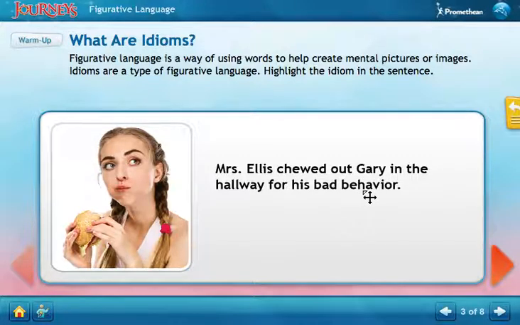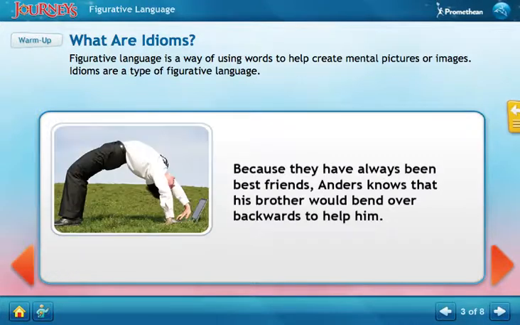Another thing that makes it really difficult for people to learn English, if maybe some of you have learned English as your second language, is when the words do not mean exactly the same thing. It's very confusing. So let's practice a little bit and learn some more idioms here.